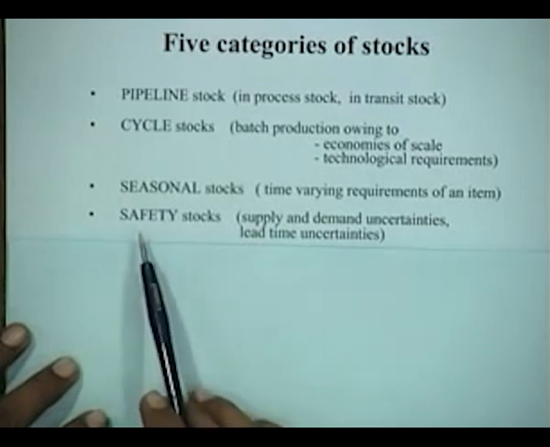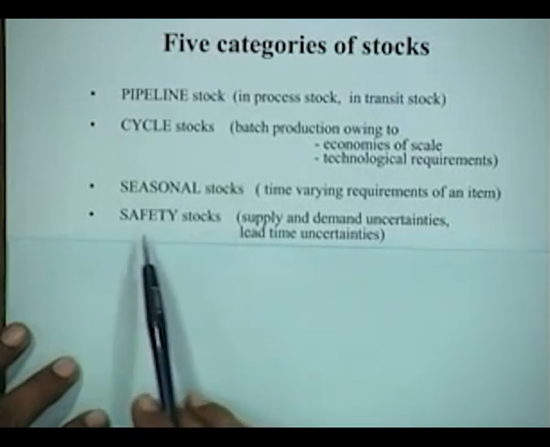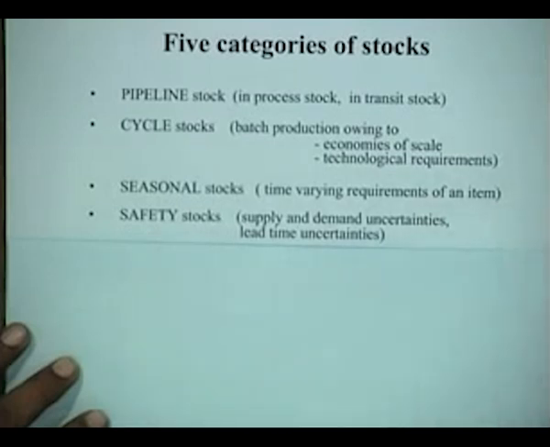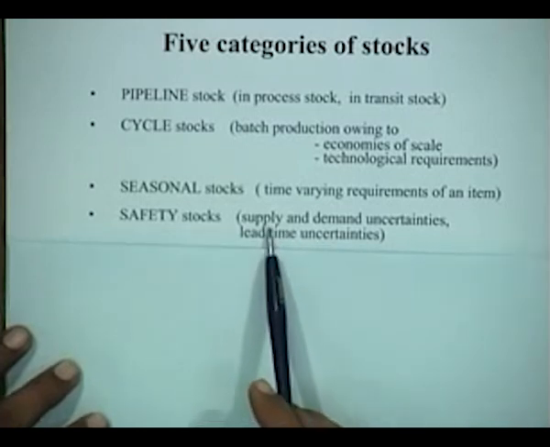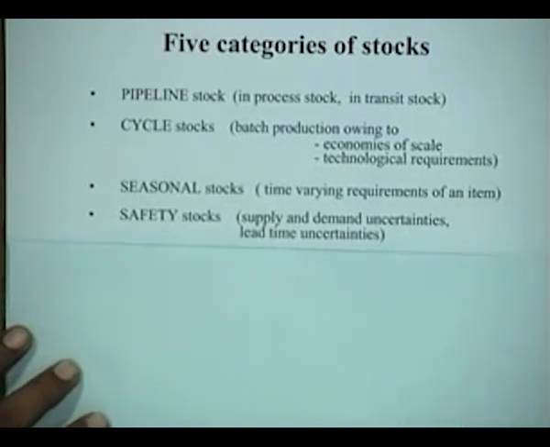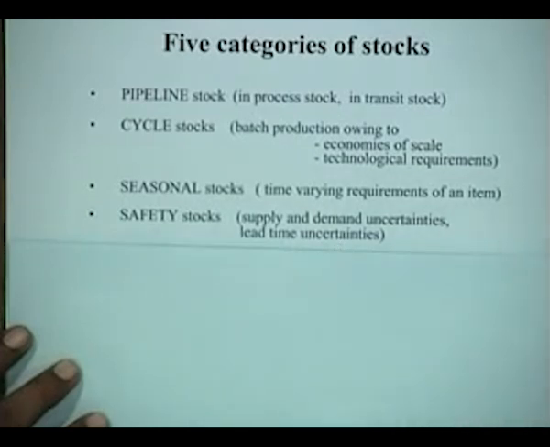Another reason for maintaining inventories is in the form of safety stocks. Safety stock is there generally because of the supply and demand uncertainties, and also because of uncertainties in the lead time.